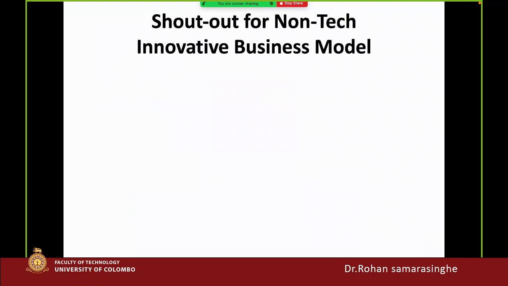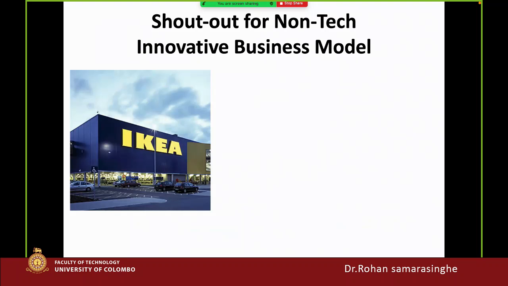another one is a shortcut for a non-tech innovative business model. IKEA. So what is that? When you read about IKEA, first they have a certain slogan, do it yourself. If you want to buy a cupboard, IKEA provides all the components of the cupboard packed in one cardboard box.